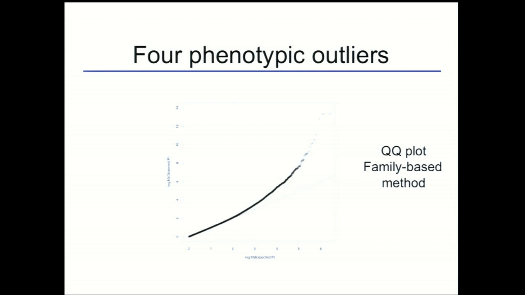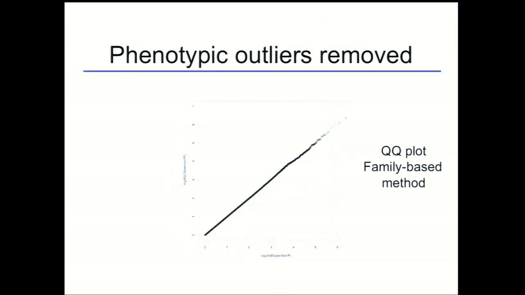This is a quantile plot, this is the line of what you would expect under the null, and these are the results ranked in order of getting better and better by p-value. You can see there's a huge excess of things over the null. That turned out to be due to 4 phenotypic outliers, and when we removed those 4 phenotypic outliers, everything made a lot of sense.